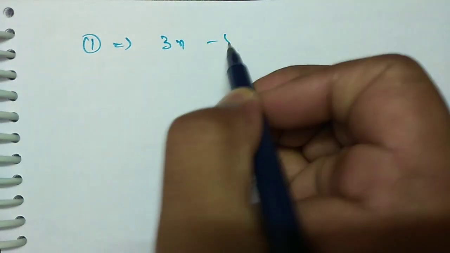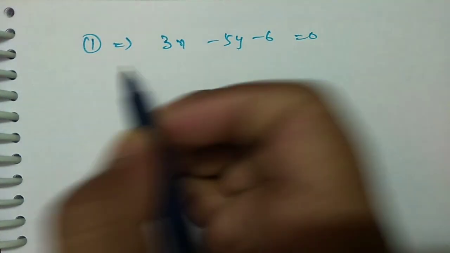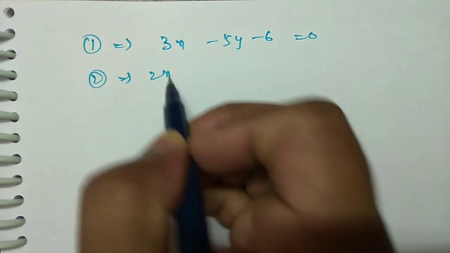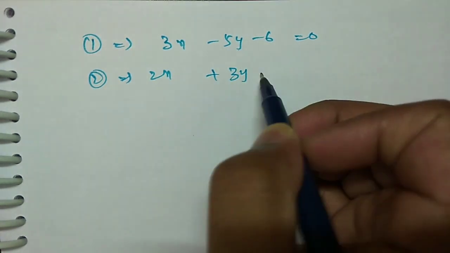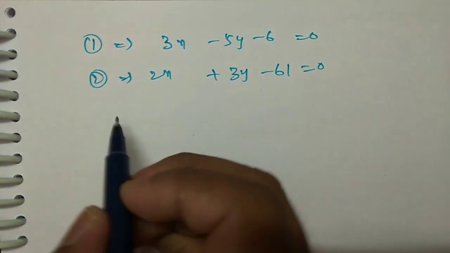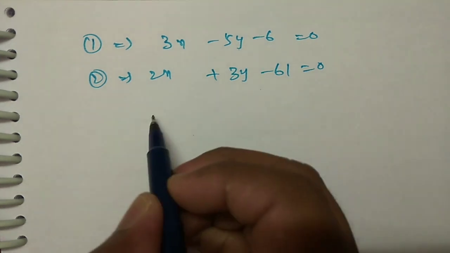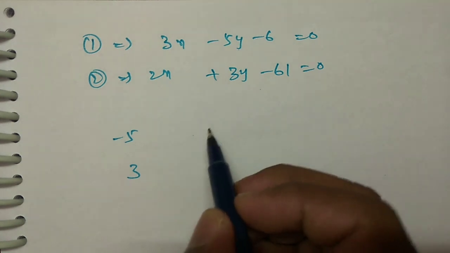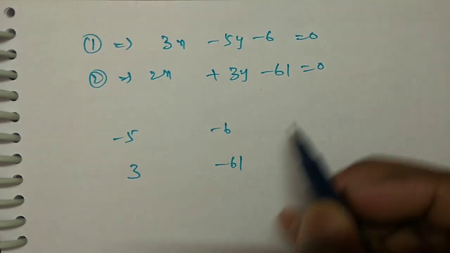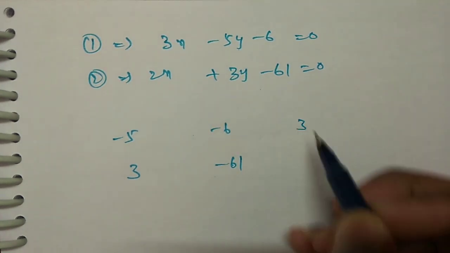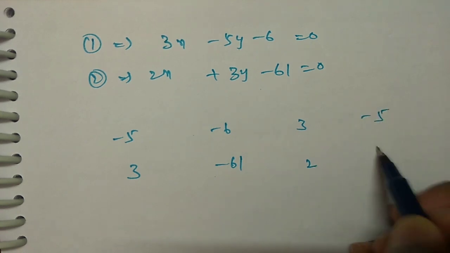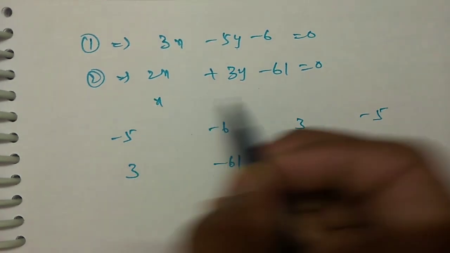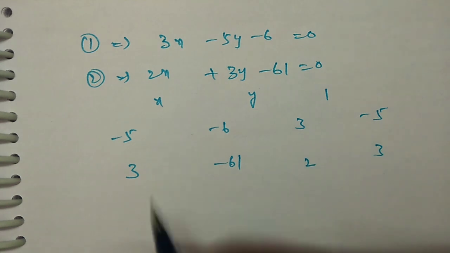1 implies 3x minus 5y minus 6 equal to 0, and 2 implies 2x plus 3y minus 61 equal to 0. So using the cross multiplication method to solve these equations: minus 5, 3, minus 6, minus 61, 3, 2, minus 5, 3. This is x, y, 1.